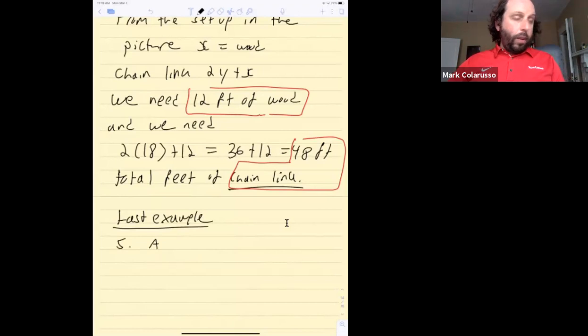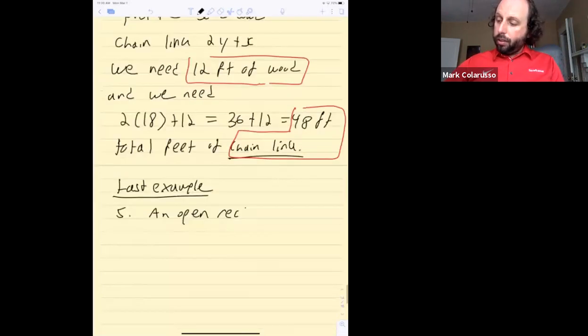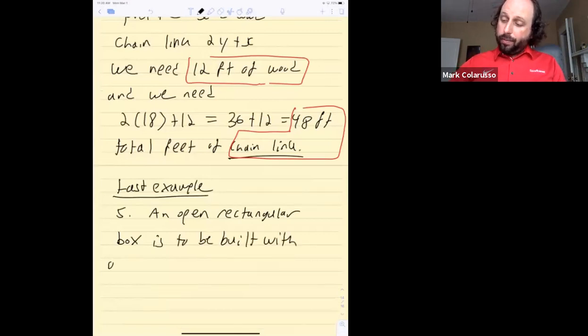So an open rectangular box is to be built with a square base.